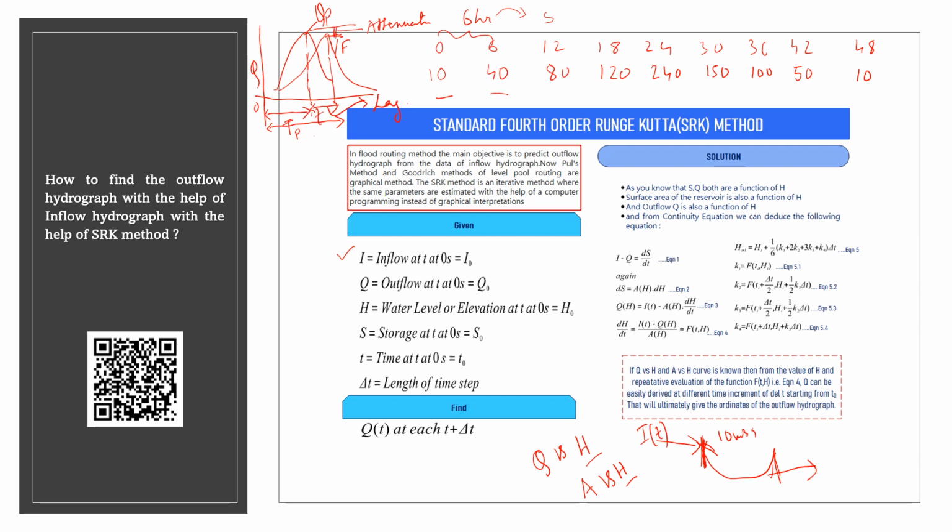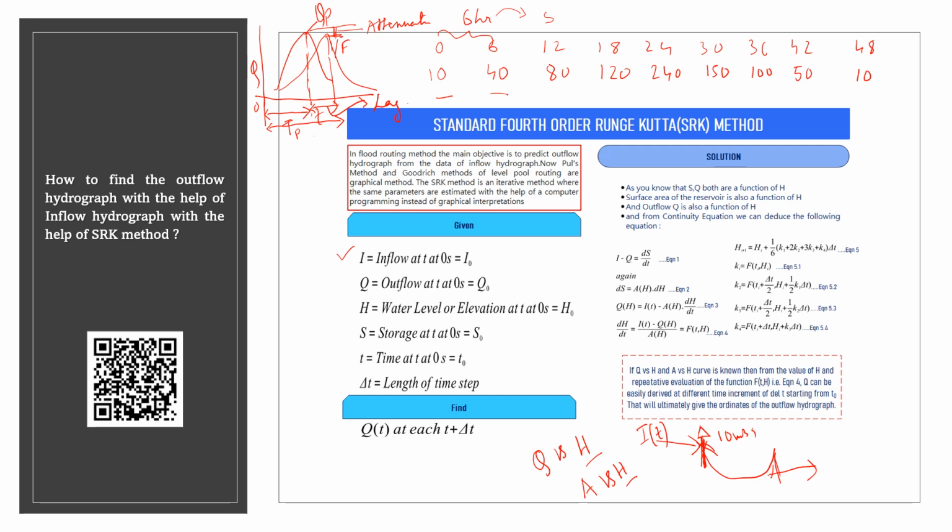After 12 hours we find that the discharge at the same point is 80 meter cube per second. So there is a discharge gauge located at the inlet of the reservoir, and it is measuring the discharge. So that is your inflow discharge, and from that if I draw a Q versus T curve, that is your inflow hydrograph.